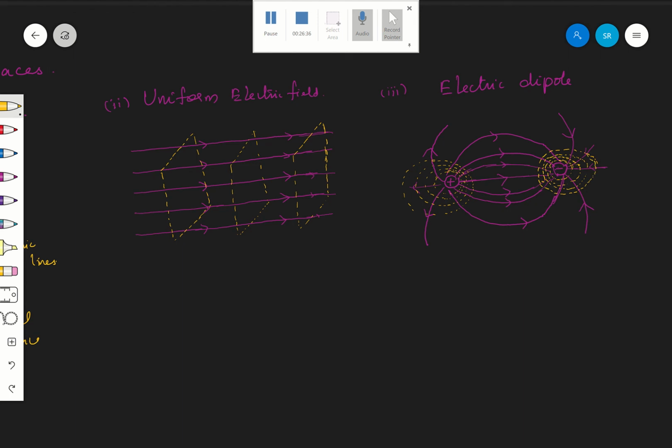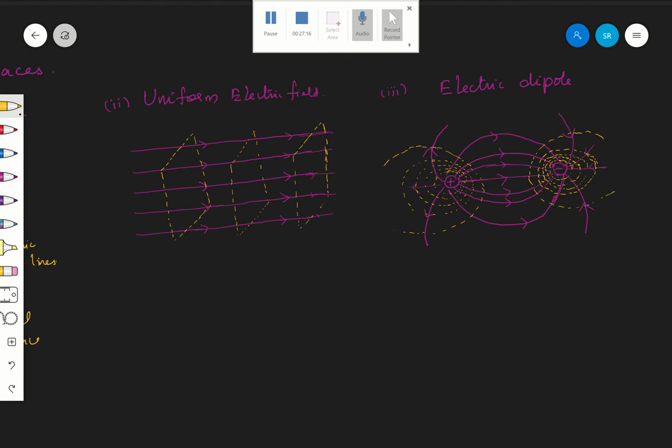Okay, so you have to draw the lines like this. Anyhow, they are closer on this side, but as they go here they are highly separated.